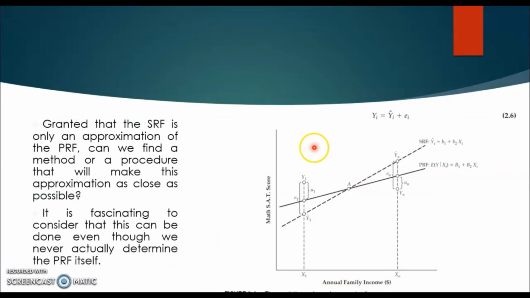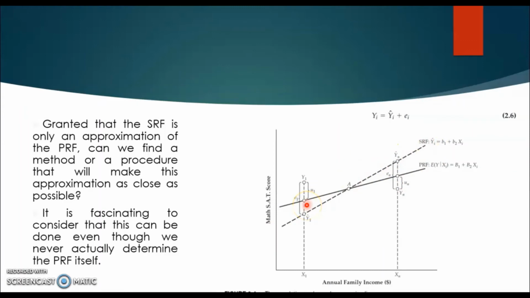Here we have a figure which indicates the population regression line and the sample regression line. We are aware that there is a difference between the population regression line and the sample regression line.